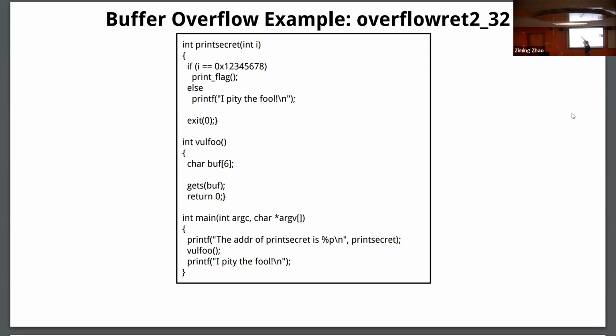Technically, there may be a return after this exit 0, but that instruction is never executed because exit is a C library function that makes a system call to the OS to kill the process. So this function never had a chance to return.